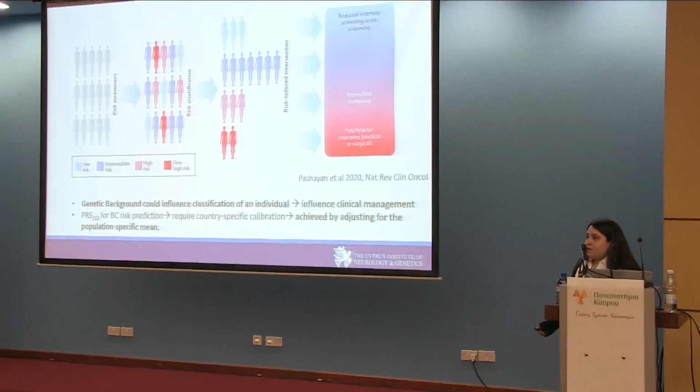While if the same healthy woman goes for risk assessment and the risk categories are defined based on the Greek PRS threshold, she could probably be classified as an intermediate or high-risk individual, which will modify her clinical management.